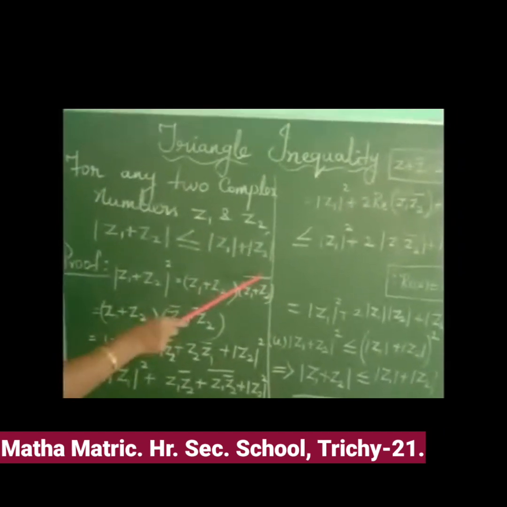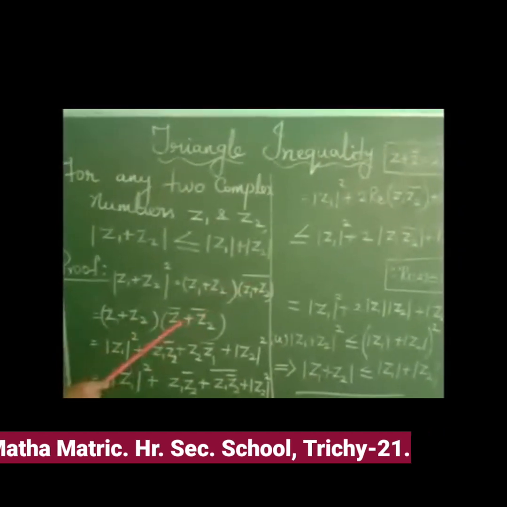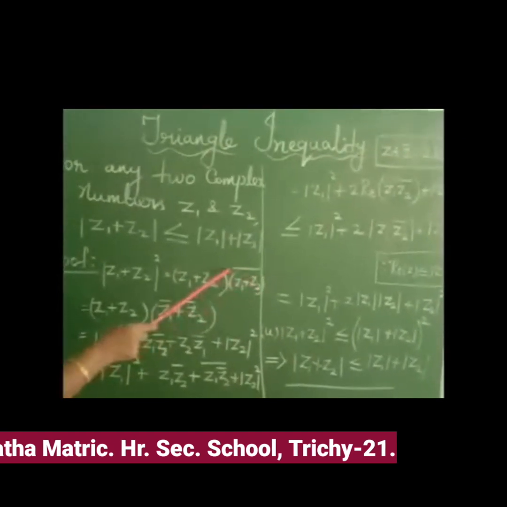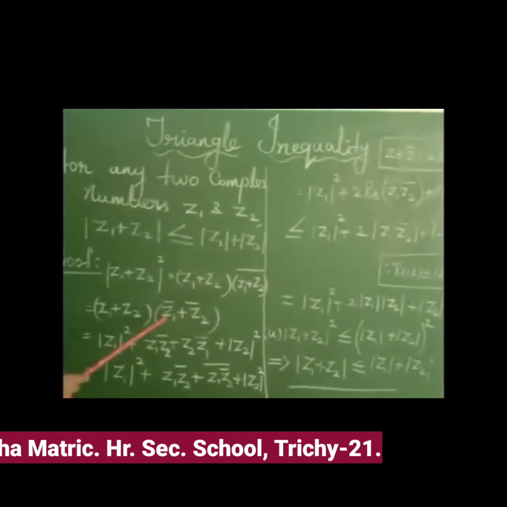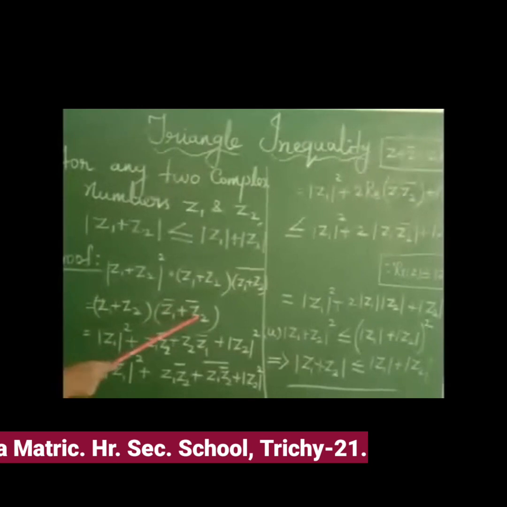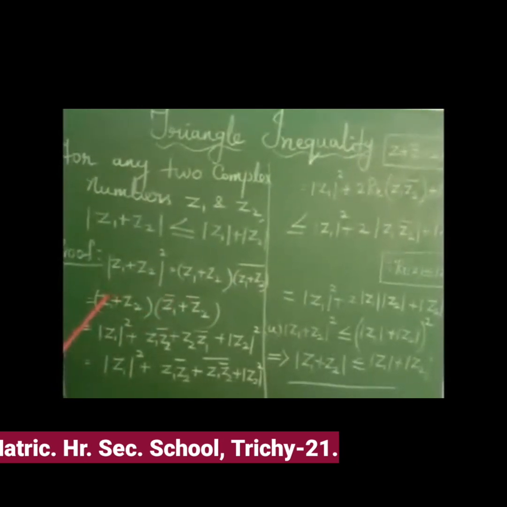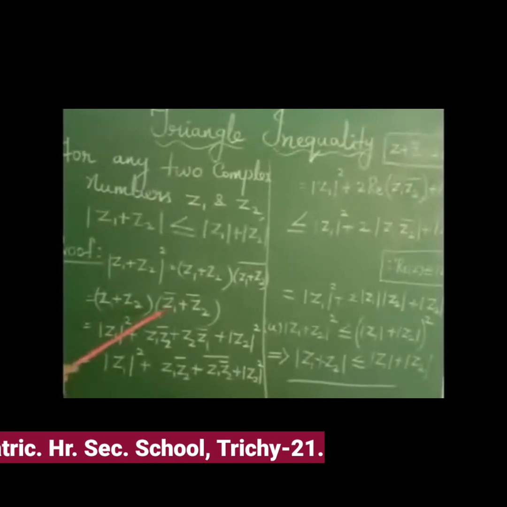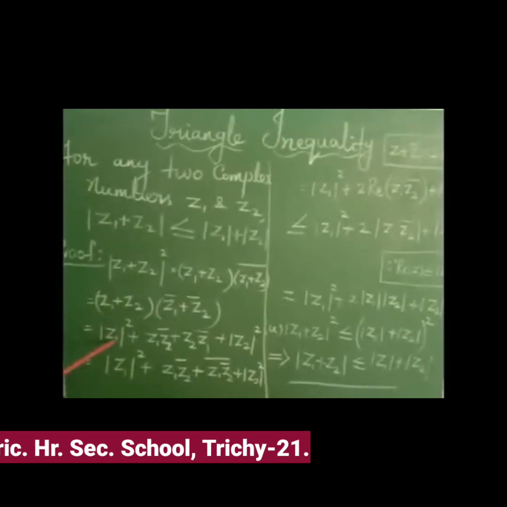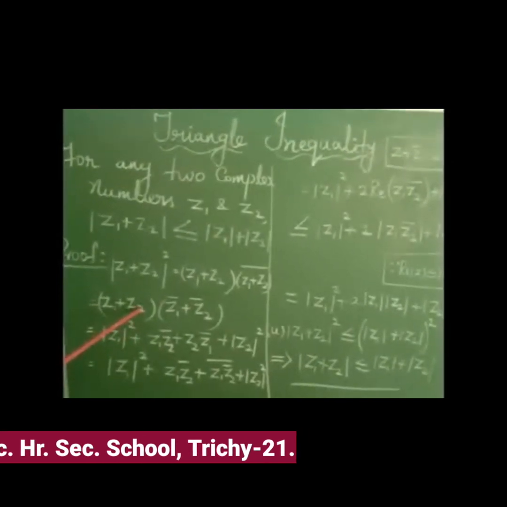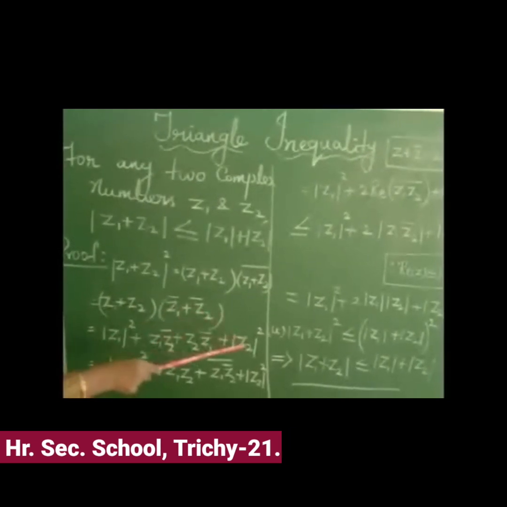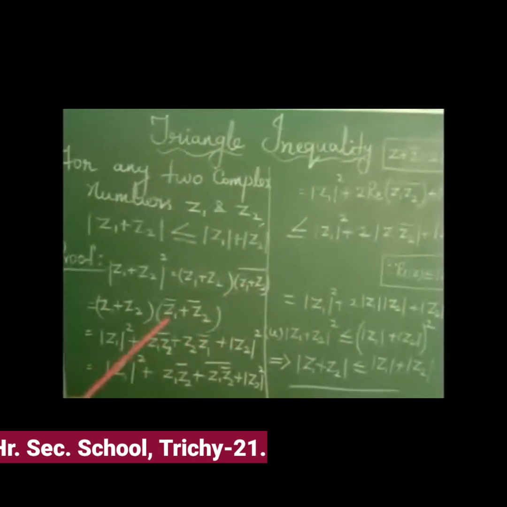Next step, we can split this. z1 plus z2 the whole bar can be written as z1 bar plus z2 bar. Then do ordinary multiplication. z1 into z1 bar is modulus of z1 square. z2 into z2 bar is modulus of z2 square.